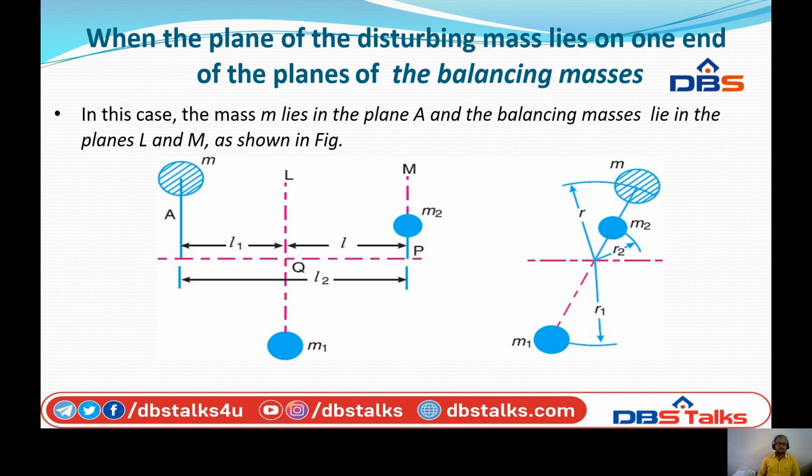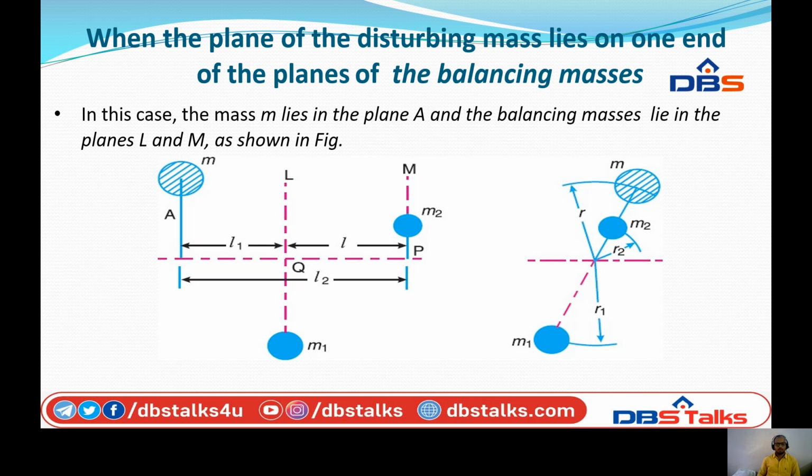That is, based on the diagram, we can say that Fc plus Fc2 is equal to Fc1. So let us consider this is the axis of rotation, above and below.